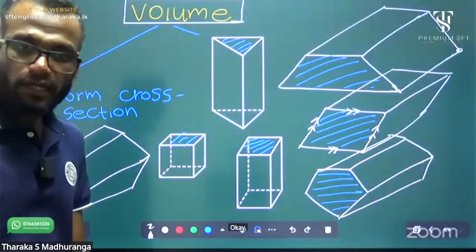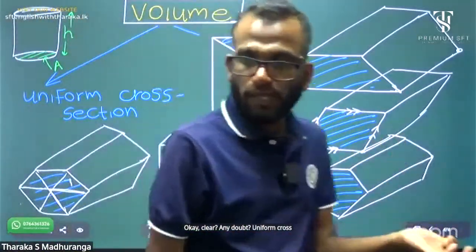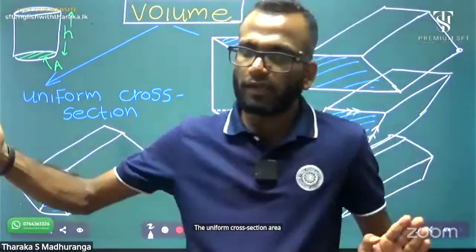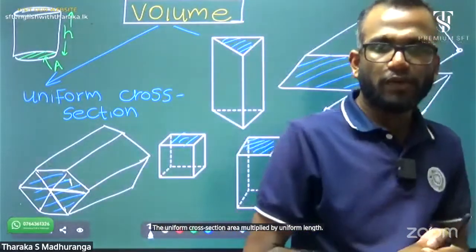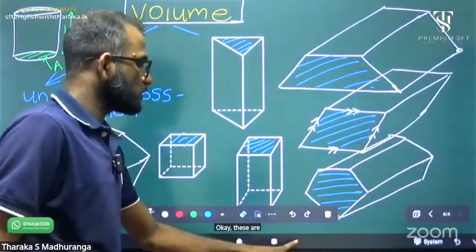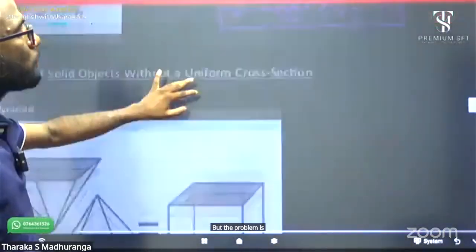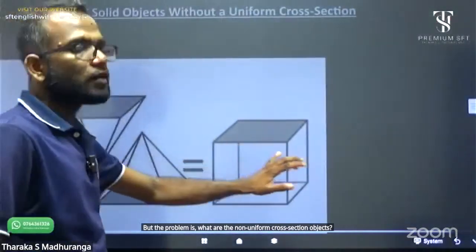Okay, clear? Any doubt? Uniform cross section object, how to get the volume? The uniform cross section area multiplied by uniform length. Okay, that's the point. But the problem is, what are the non-uniform cross section objects?